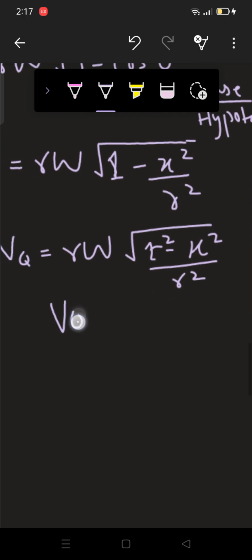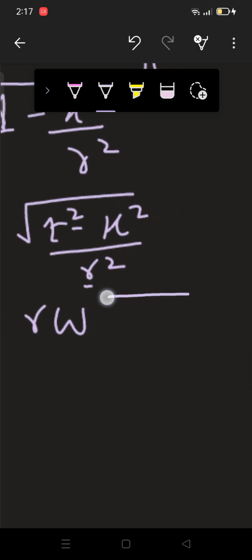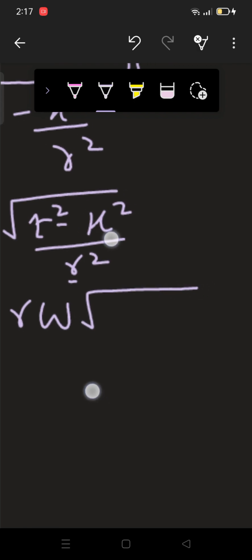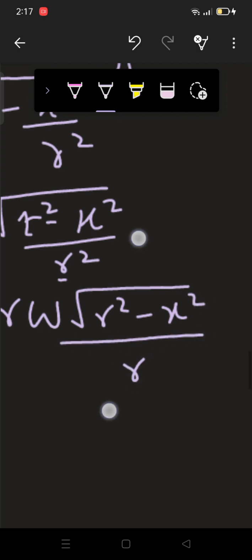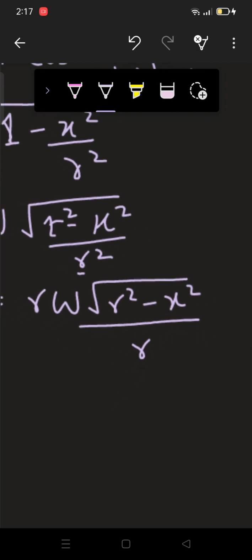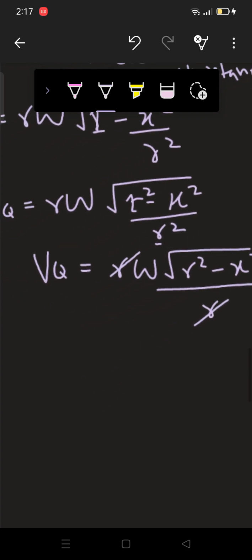Now vq is equal to this: the r square can come out of the radical. So r omega radical r square minus x square upon r, since the square cancels with the radical, so this r cancels with this r.